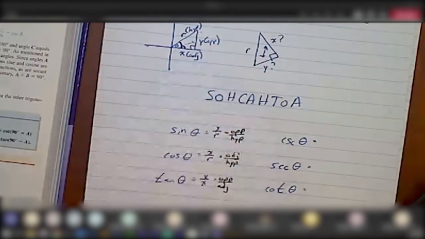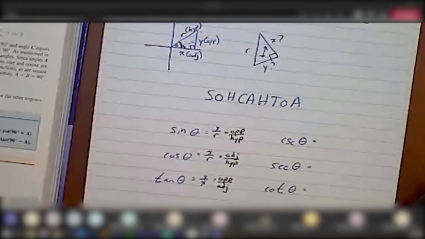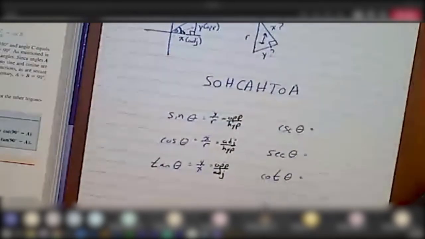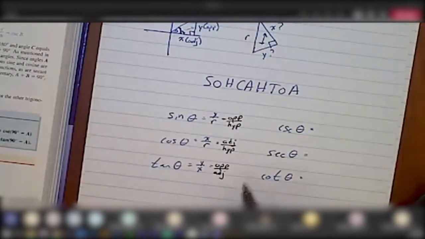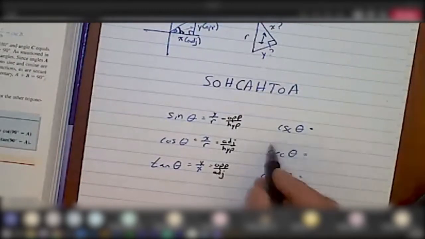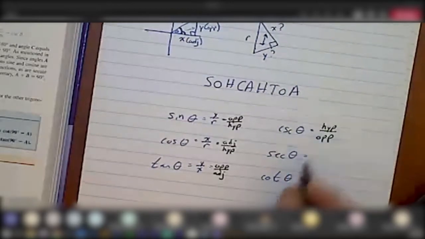So nothing has changed mathematically. We're just naming things differently so that when I pull the triangle off the coordinate plane, x, y, and r aren't there anymore. And once I know these three, for the reciprocals, again, you just flip. So cosecant is the hypotenuse over the opposite.